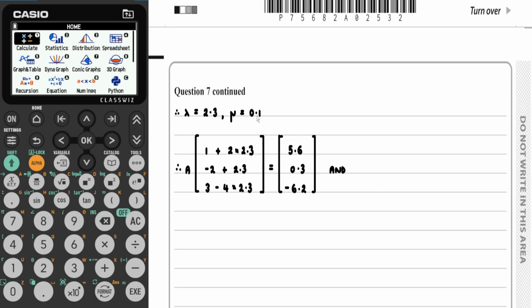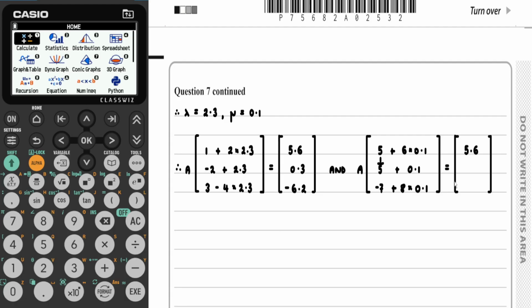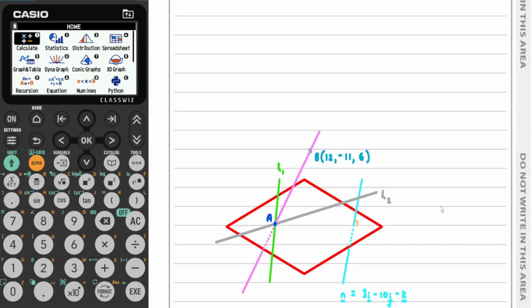And if I check with the value of mu, A is given by 5 plus 6 times 0.1, a fifth plus 0.1, negative 7 plus 8 times 0.1, which is 5.6, 0.3 and negative 6.2. Because we've got the same values for A, we can therefore conclude we've got coordinates (5.6, 0.3, -6.2).